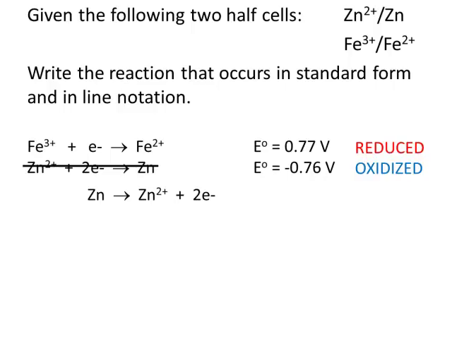Multiply the iron half reaction by 2, so the number of electrons are equal. Then combine the half reactions. The result is 2 iron 3 ions reacting with a zinc atom to produce 2 iron 2 ions and a zinc ion.